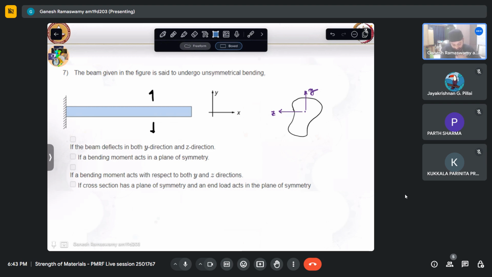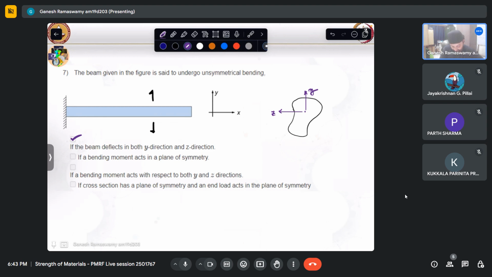So if the beam deflects in both y and z direction, then naturally there is bending about two axes. So that is unsymmetrical bending. If the bending moment acts in the plane of symmetry, then there won't be any out of plane displacement, out of the plane of the moment that acts, out of the bending plane, actually speaking.